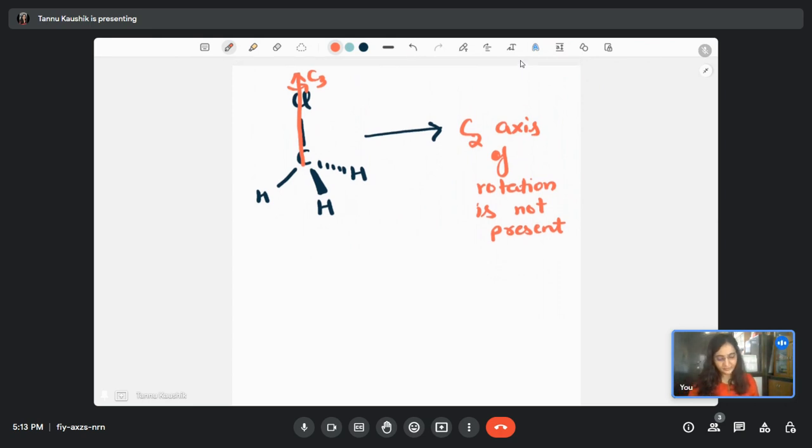So now let us check the planes of symmetry which are present here.